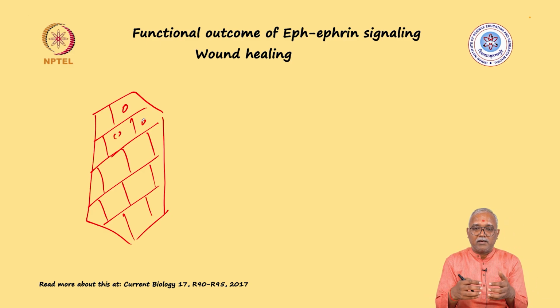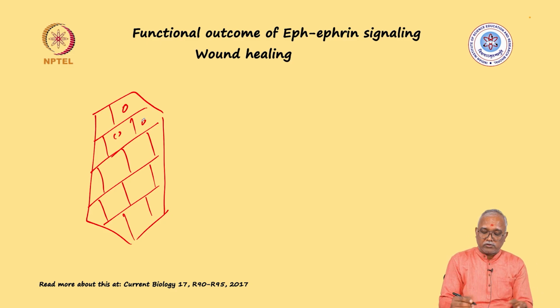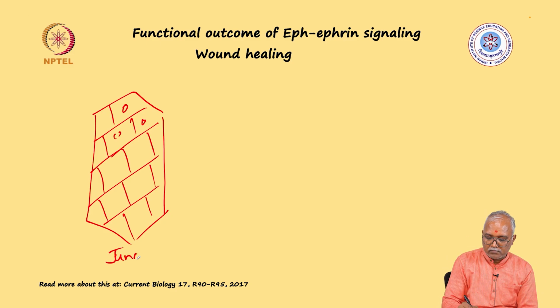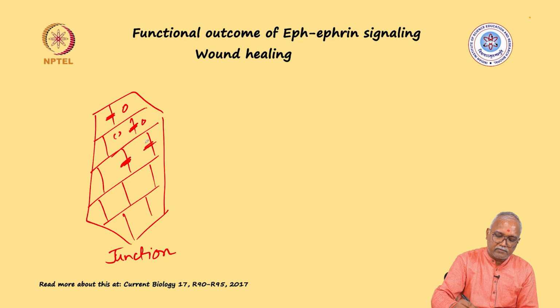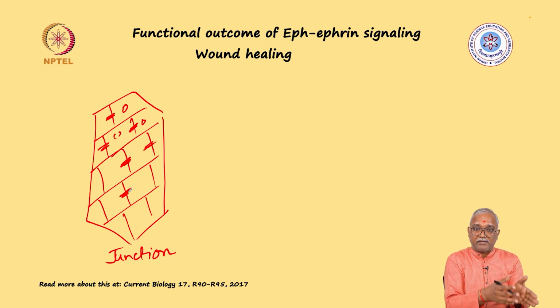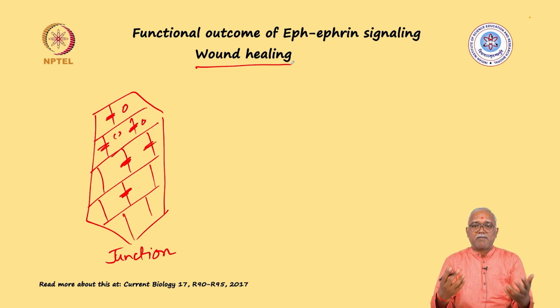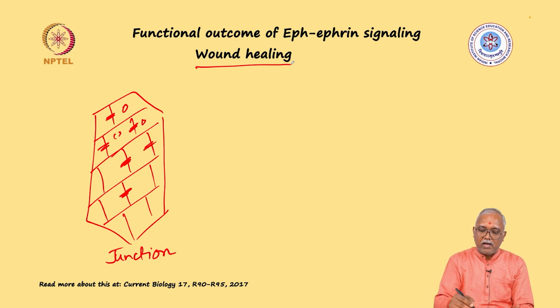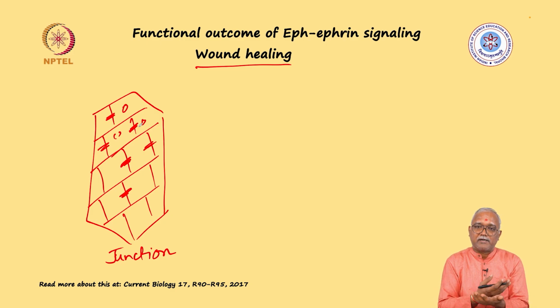We know that each cell is connected to another cell through some sort of junctions, a cell to cell junction. These junctions hold the set of cells together as an epithelium. In wound healing, we are talking mostly about surface wound healing, not deep wound healing here, because a lot of cell migration will be happening in both cases. However, it is easier to understand with epidermal wound healing, where a surface cut has happened.